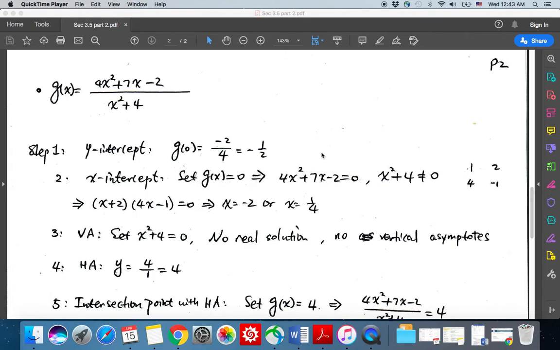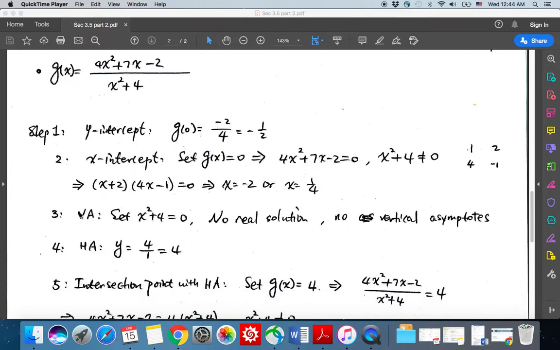We can factorize this quadratic as the product of two linear factors. That's going to give us two zeros for this rational function, one being -2 and one being 1/4. These two numbers represent the x-coordinates of the x-intercepts.